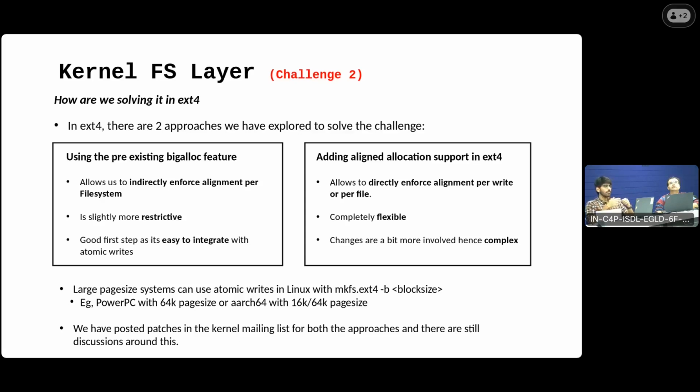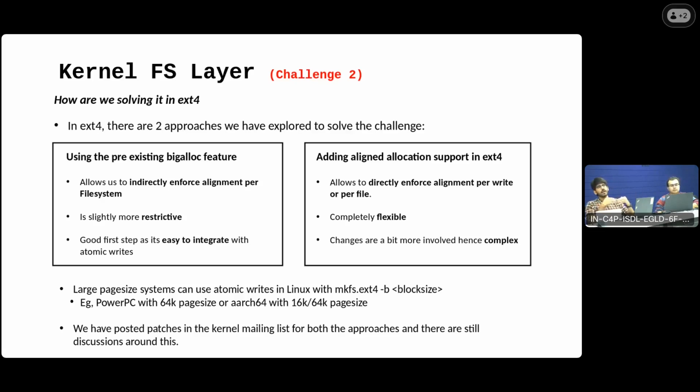What big alloc does is it tells the file system that the minimum allocation unit will not be 4 KB, it will now be 8 KB or 16 KB. We can configure that. It indicates to the file system that you will only have to allocate in bigger chunks.